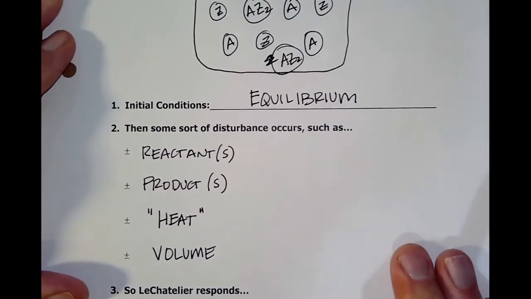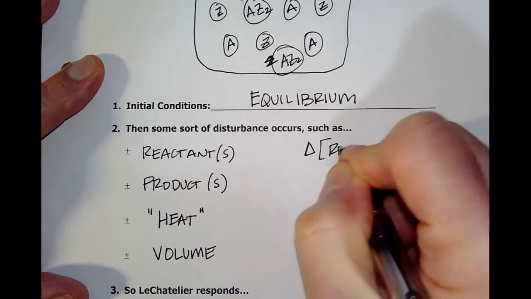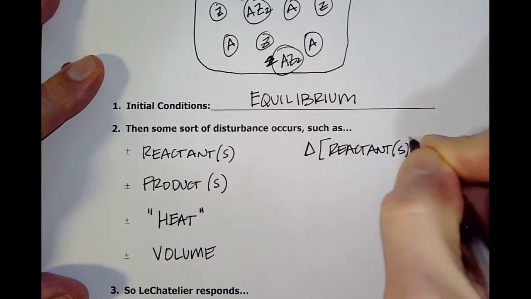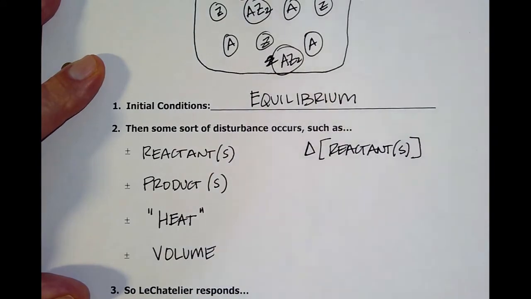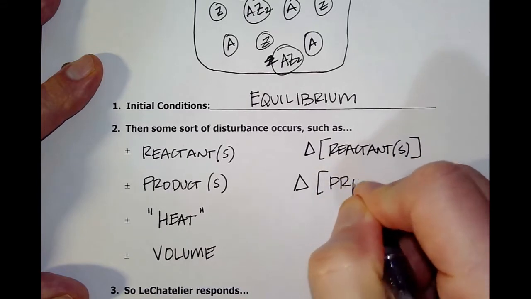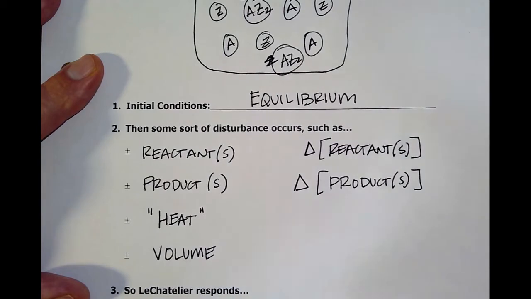Well, what I'm really getting here is a change in reactant concentration. If I add or remove reactants, I'm changing their concentration. Products, same thing. I can change the concentration of products in my equilibrium mixture.